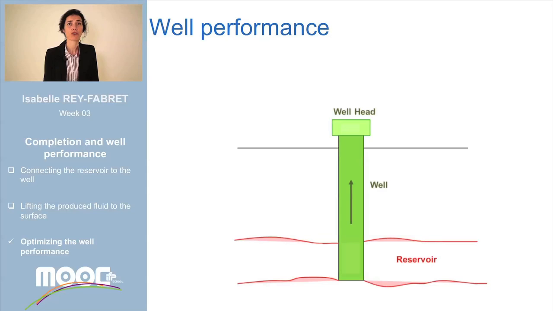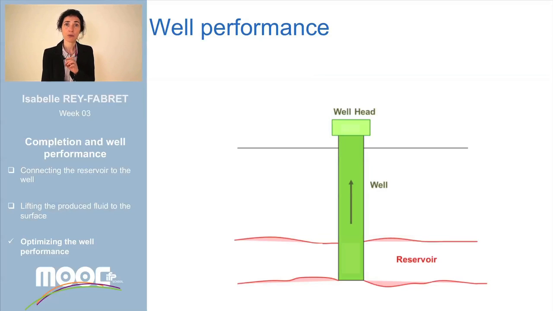A well performance study focuses on a well and describes it in terms of pressure. A producing well is connected to the reservoir and produces a part of it, which is called the drainage area.